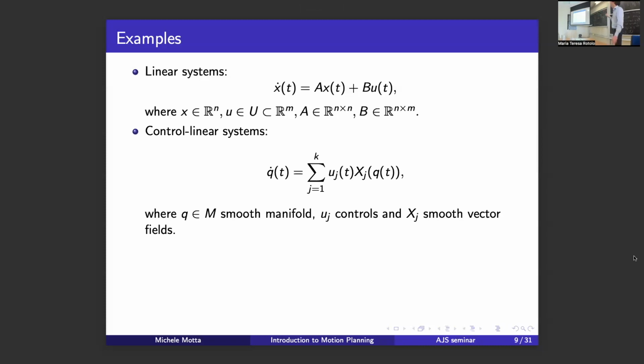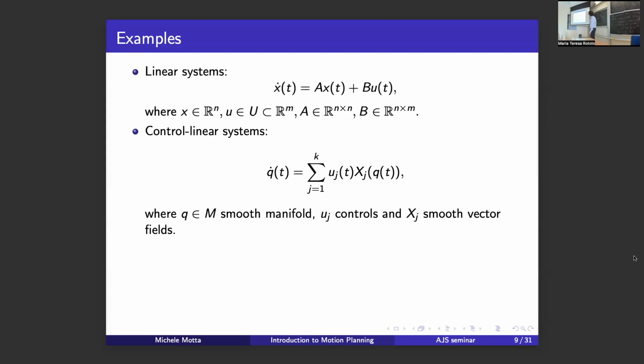Then you can also have a control-linear system. Here this is a little bit more complicated because you have nonlinearity with respect to the state space, but the system is still linear with respect to the control.